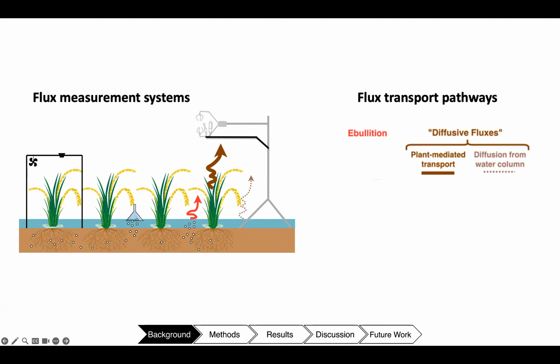When we're doing our different measurements, you have on the left a chamber system where you might have a small rapid increase in methane concentration that your flux processing scheme might call noise, or a poorly fit linear slope. So you throw away that data. You have a bubble trap that collects bubbles and diffusive methane, but probably is not able to get vegetative transport.